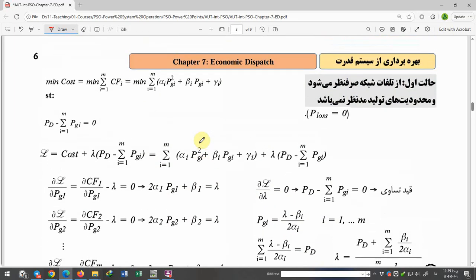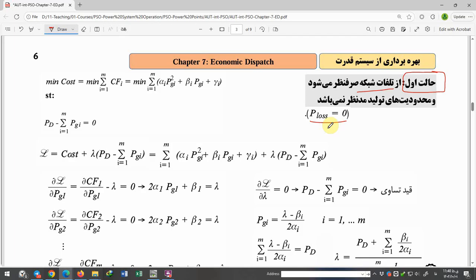So in the first step, you suppose that the network losses are not considered or are ignored. The first scenario is ignoring any losses in the network. Suppose that losses do not exist and P loss is 0.